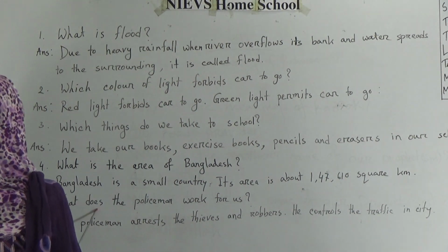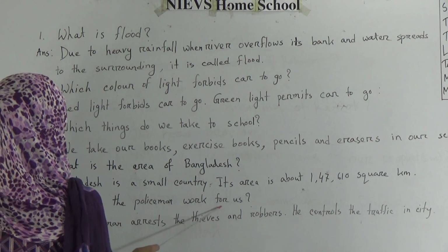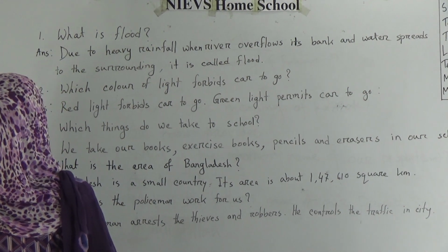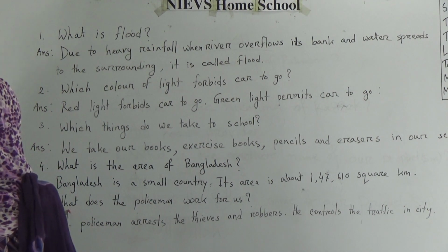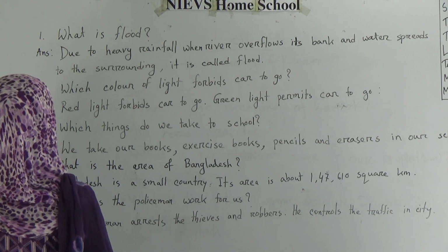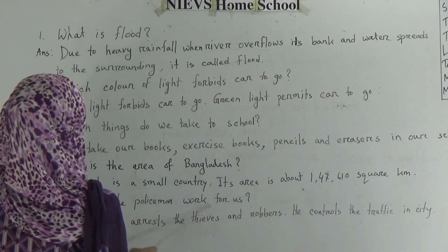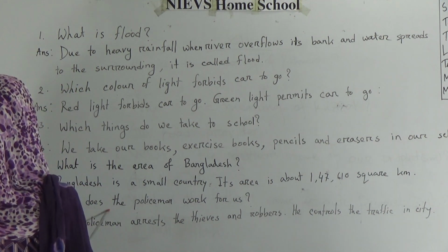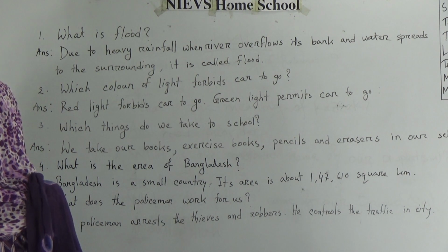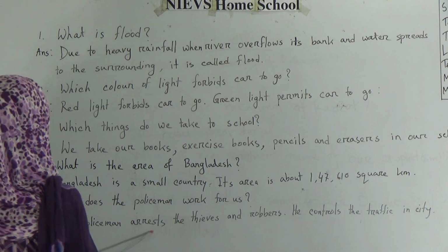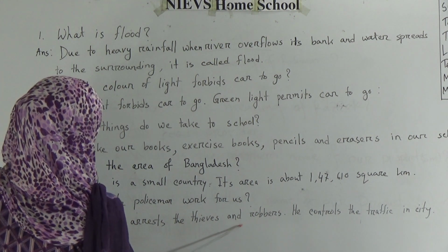Number 5, what does the policeman work for us? You know, if you see carefully on our roads or outside, you can see many policemen work for us. And what do they do? Answer is, the policeman arrests the thieves and robbers.